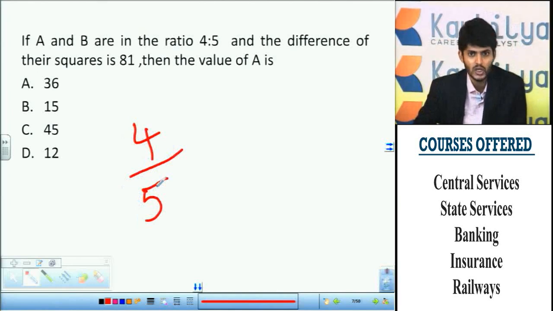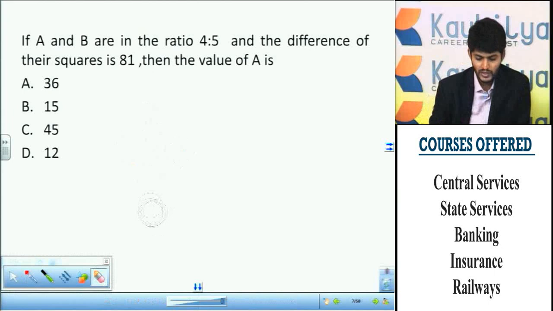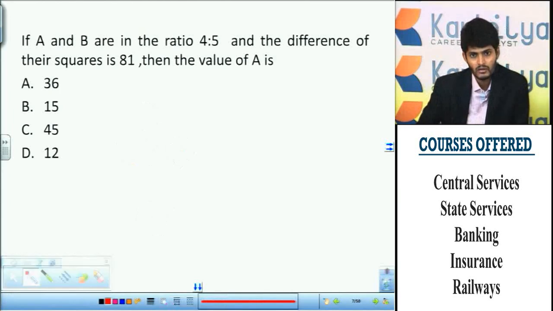If I get 4, you get 5. If I get 40, you will get 50. If I get 400, you will get 500. So here the ratio is 4:5. Whenever you are dealing with ratios, it is very important that you introduce a constant, because you do not know whether the values are 4 and 5, or 40 and 50, or 400 and 500.